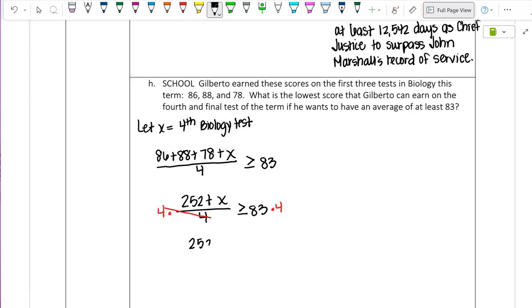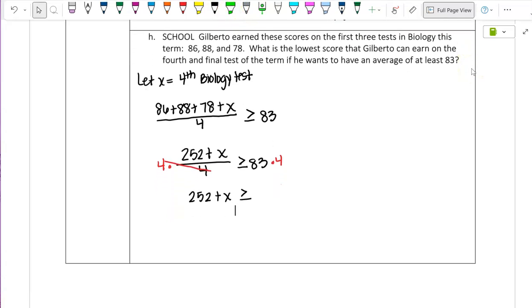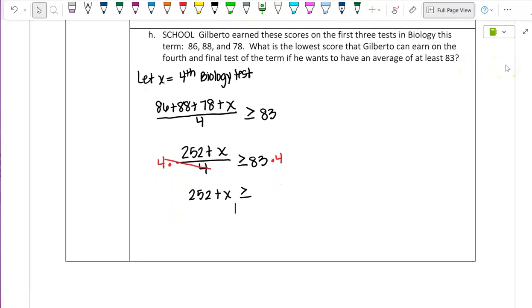So 252 plus x is greater than or equal to, what do we get with 83 times 4? 332. So we've got 252 plus x has to be greater than or equal to 332.